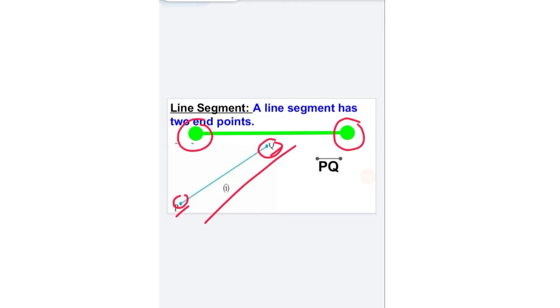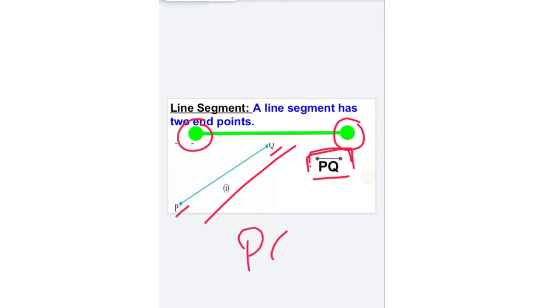Now, how can we represent a line segment? Here you can see that we have P and Q as its endpoints, so we write it as PQ. But we have to put a small line segment over PQ so that it is easily understandable that PQ is a line segment.